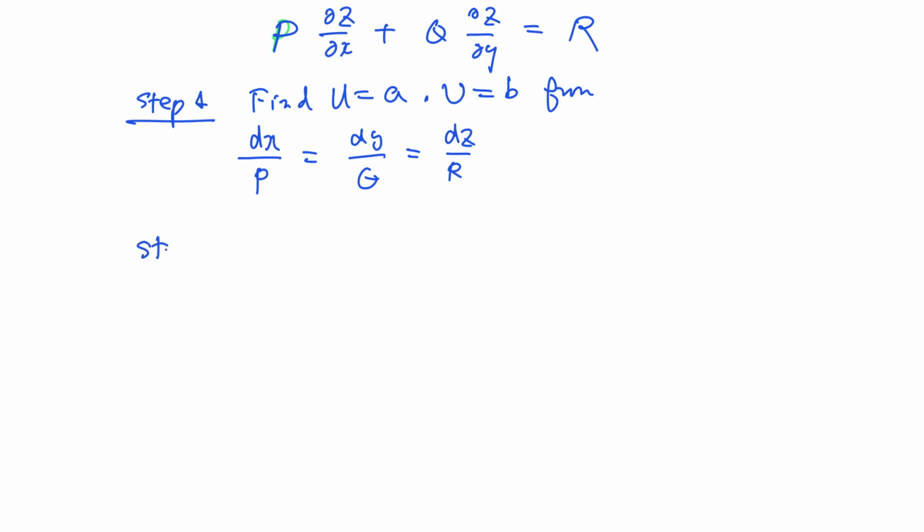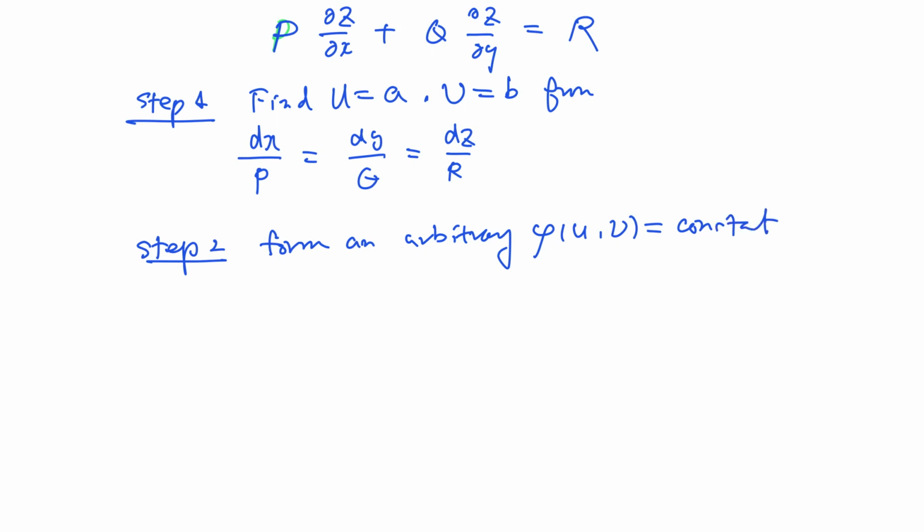Step 2. Form an arbitrary function phi of u, v is constant. This is a solution surface. Or you can say u is psi of v.